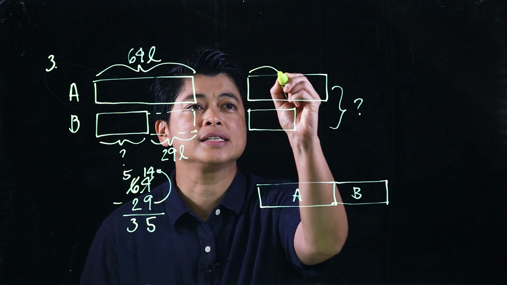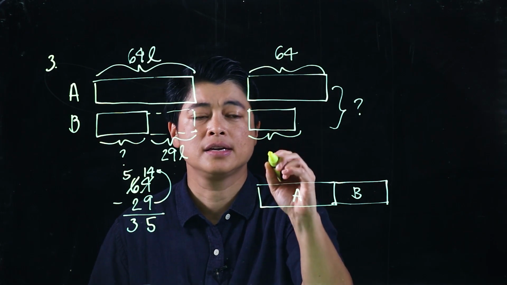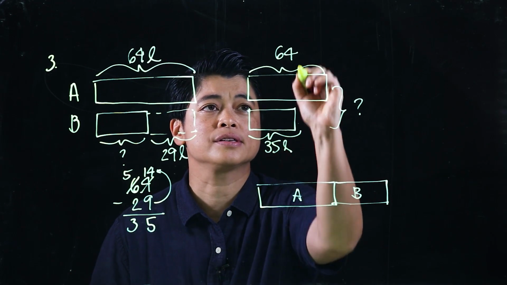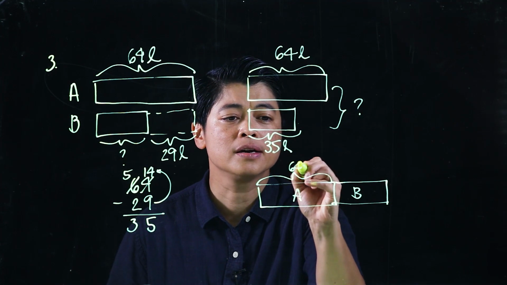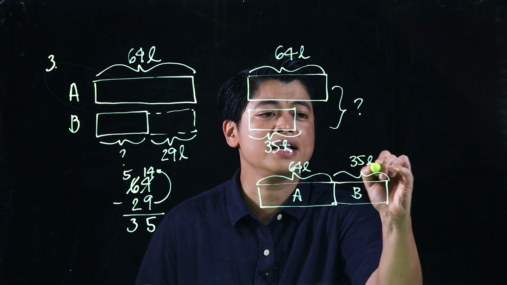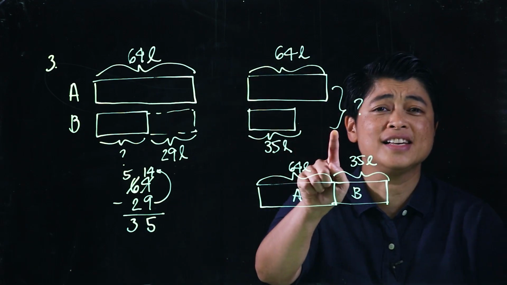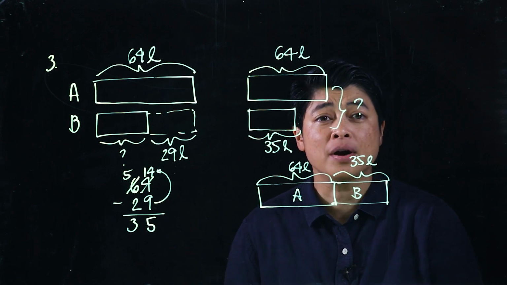So this is 64 and this is 35 liters. Similarly, this is 64 and this is 35 liters. The problem with this is the kids won't know what they're looking for if it's just a part or a whole.